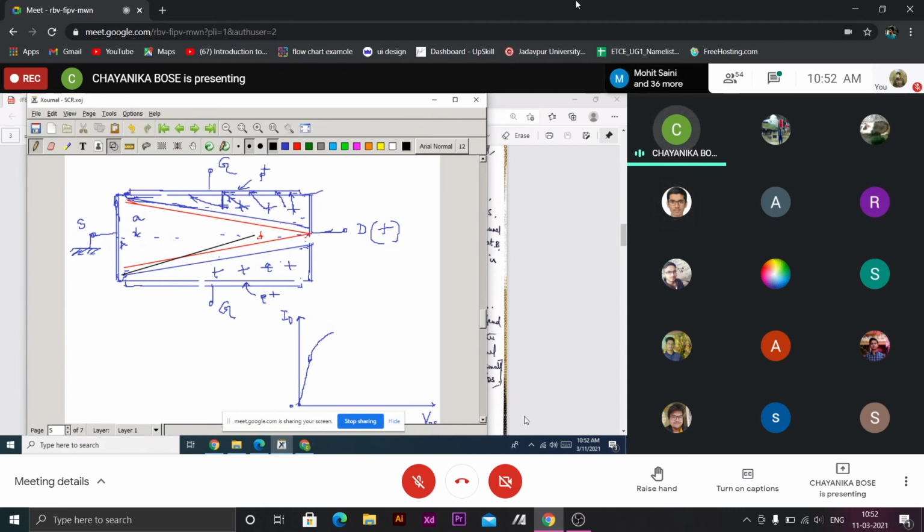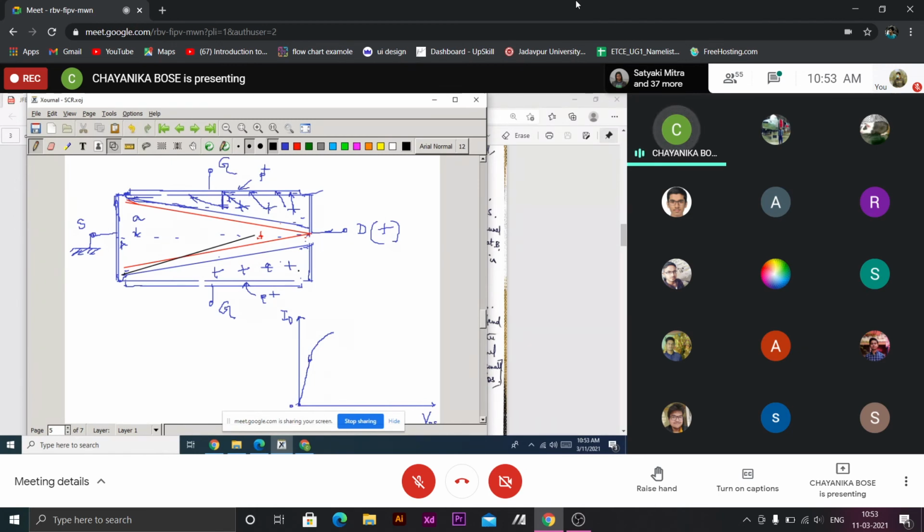When the drain voltage applied is the pinch-off voltage, for our junction FET, say 5 volt, the depletion region within the N-type channel will occupy half the width of the channel. So when we increase our drain voltage to 5 volt, then at the drain end, the channel width W within the channel will be A.